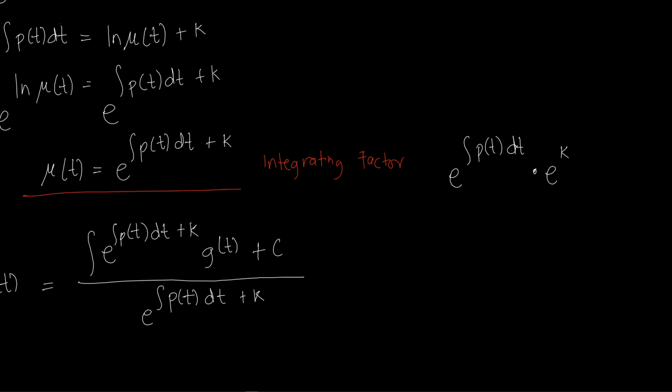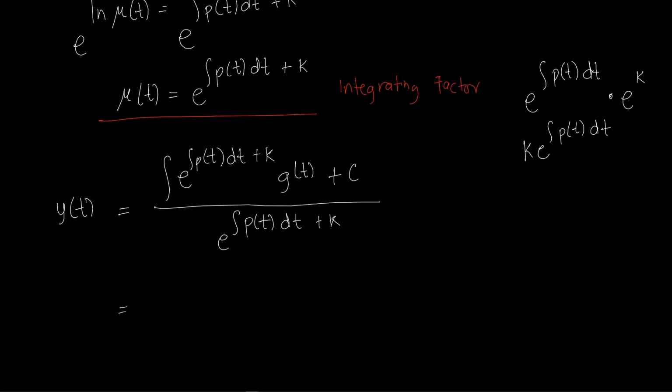If you have the same base, you can add the exponents. So e to the power of k is simply another constant k, so it becomes k times e raised to the power of the integral of p of t dt.